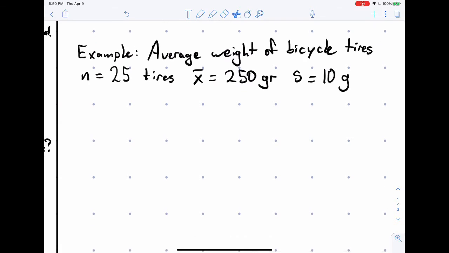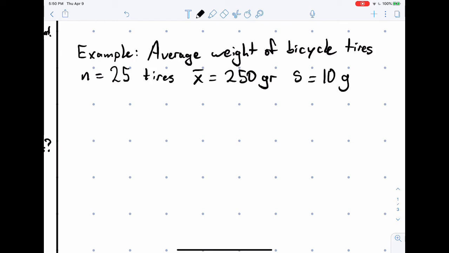So here's an example, because I like bicycles and I know something about them. So tires, people care about the weights of tires on the bikes that they ride, because lighter tires are faster, so people like that. So suppose you're an engineer at a tire company and you want to know how much your tires weigh.